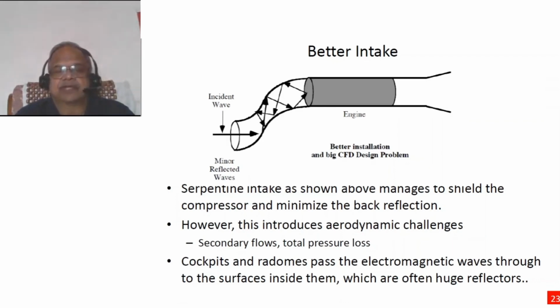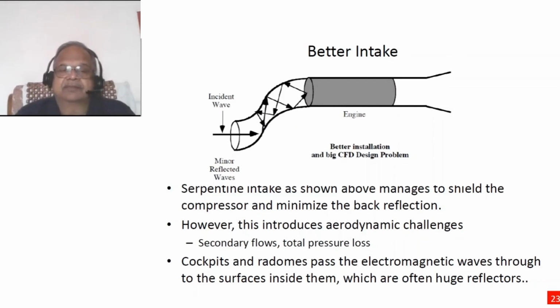Of course, the radar waves do get reflected internally in the duct, and after multiple reflections do reach the metallic blades, and then when the metallic blades reflect it back, they again go through multiple reflections, and hopefully they are attenuated by the time they come out of the inlet and reach the transmitter or receiver, whatever it is. So this is one of the techniques used, but it poses a few challenges in terms of aerodynamics, because whenever the flow goes through double bends or single bends like this, there are bound to be secondary flows along with that, and of course also total pressure loss.